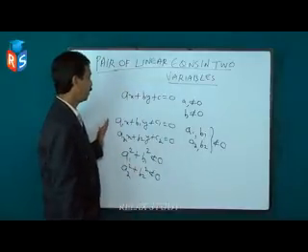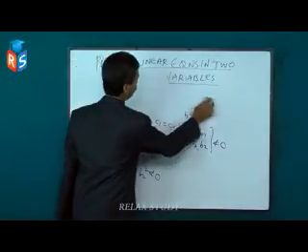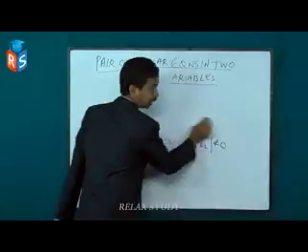This is called a pair of linear equations in two variables. That is, the two linear equations occur simultaneously in the same two variables.